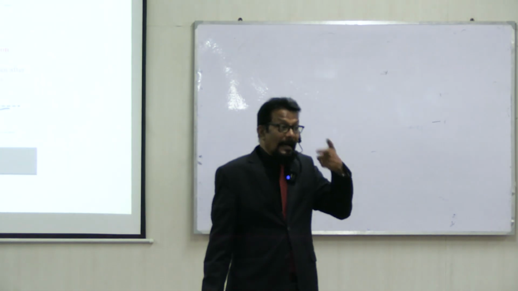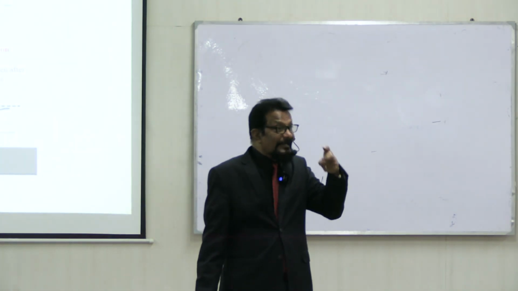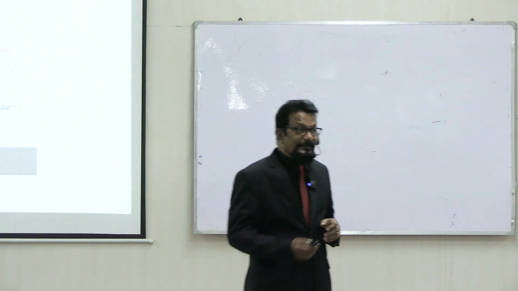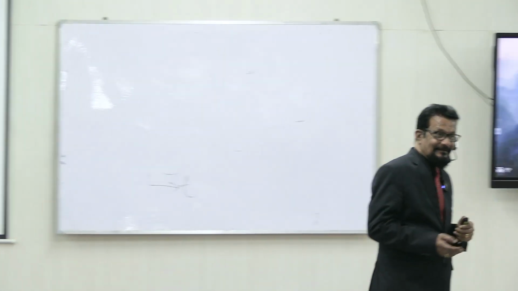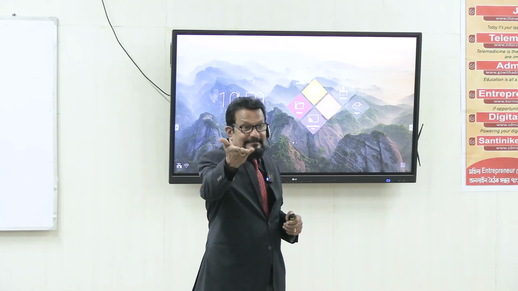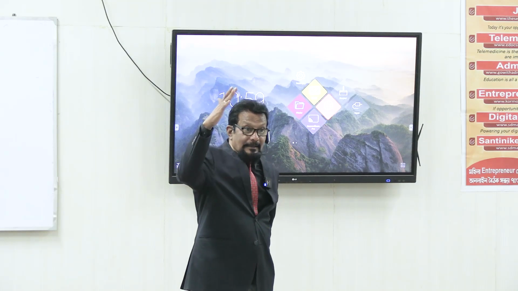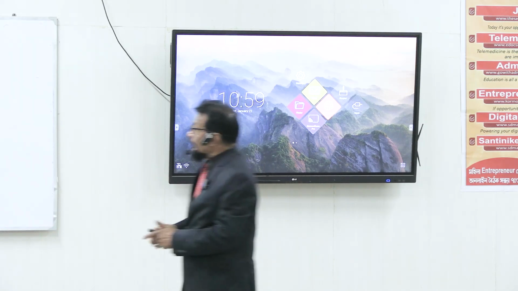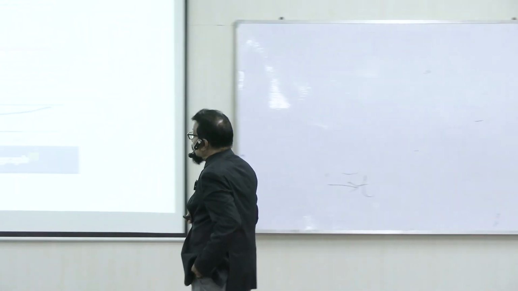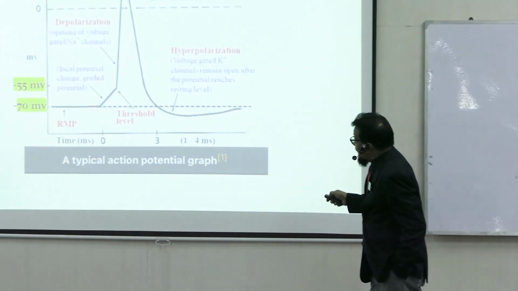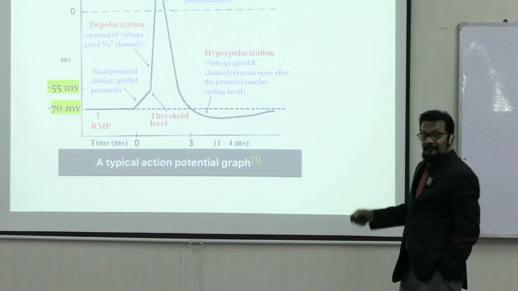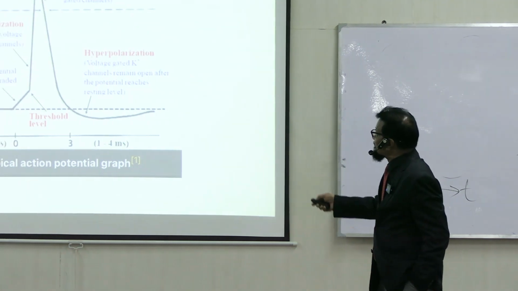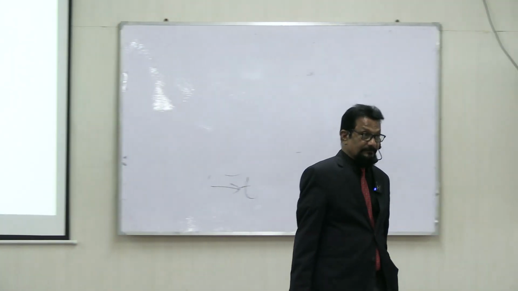As a result, the excitability of the cell will be reduced, because excitability depends on RMP. The less the RMP, the more excitable the cell is. The more the RMP, the less the excitability. So if the voltage change is made towards negativity, the cell is hyperpolarized. If the change is towards positivity, it is called depolarization.